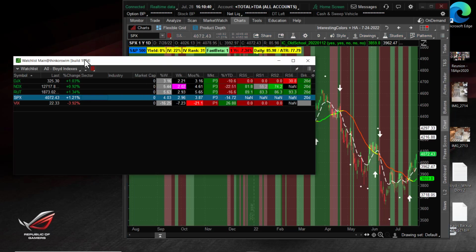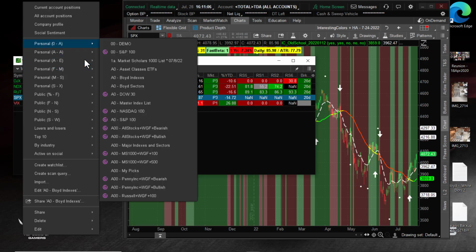You just have to know your color. The market phase is found here, and the colors we're looking for are found under the weekly percentage gain or the monthly percentage gain. And let's jump to a different watch list, and I'll show you where they're at. So let's jump to the S&P 100.